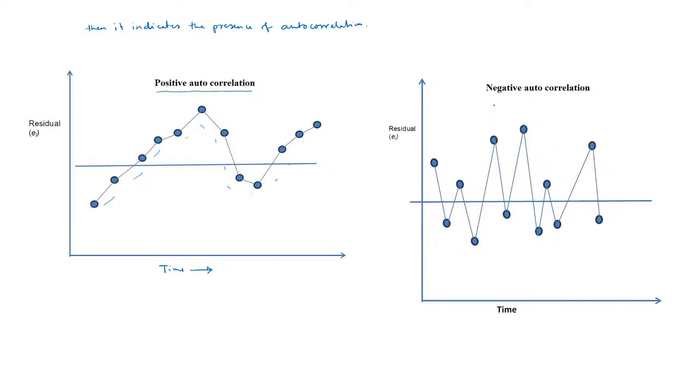And if the plot looks like this, it indicates negative autocorrelation.